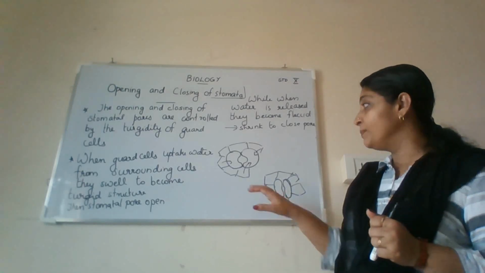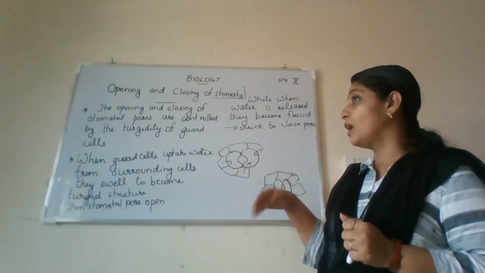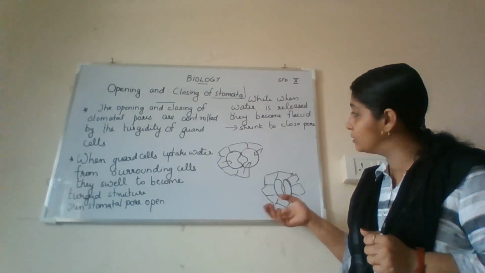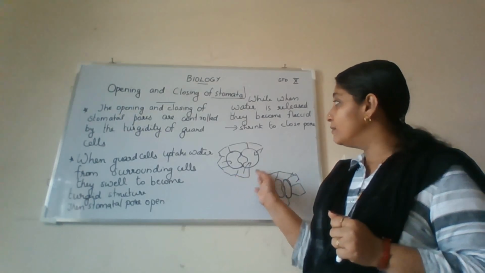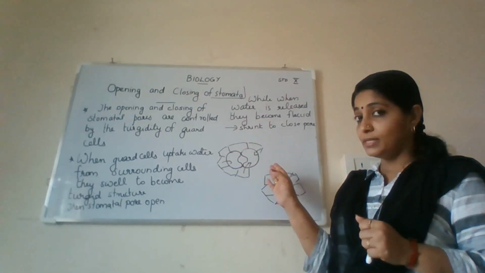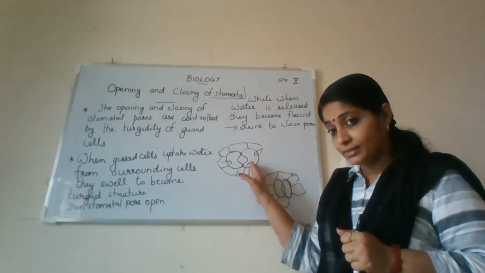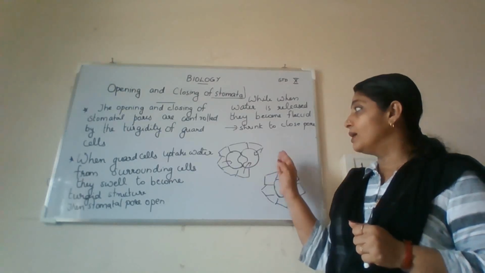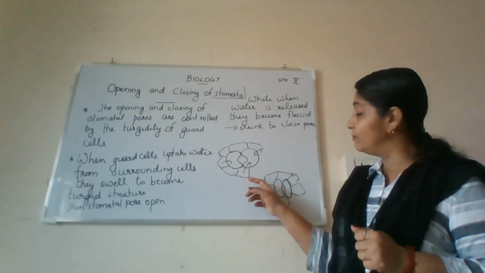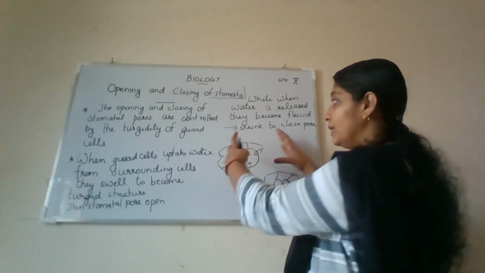Once again, I'll repeat. During the process of photosynthesis, the byproduct formed is water. So the excess water present in the epidermal cells will enter the guard cells. When the water enters the guard cell, this guard cell will become turgid. It swells up and becomes turgid. So what happens?